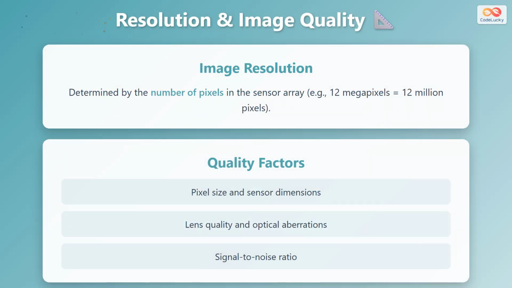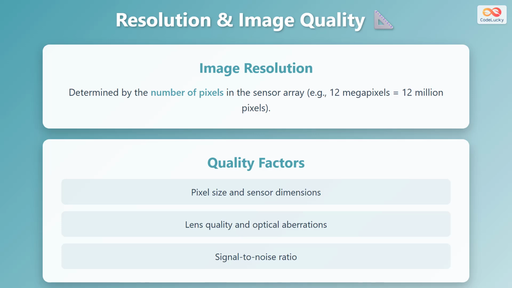Image resolution is determined by the number of pixels in the sensor array. For example, a 12-megapixel camera sensor contains 12 million individual pixels, each capturing a tiny portion of the scene. While higher resolution generally allows for more detail and larger print sizes, resolution alone doesn't guarantee image quality. Several other factors significantly influence the final image quality.